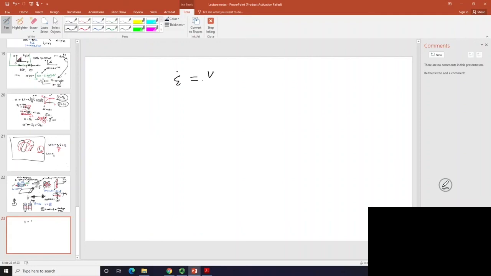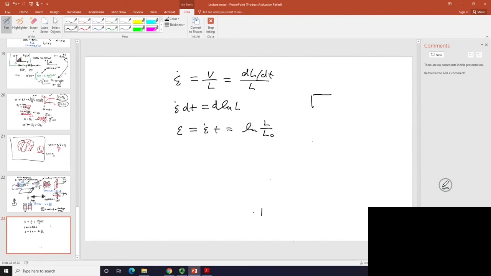If I have this V over L, that's dL over dt over L, then it turns out that this is nothing but this, and so you can integrate. And you can start from L0 to L. So this is your initial length.